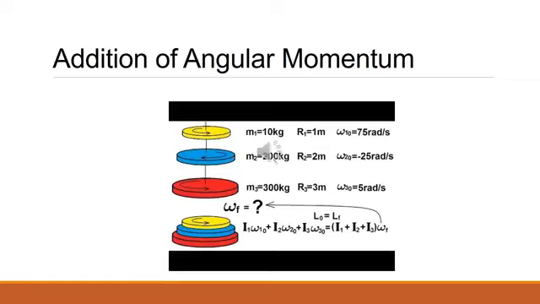Angular velocity is represented by omega 10, omega 20, and omega 30 respectively. The angular momentum of mass 1 is calculated first, and then the summation of the three angular momenta provides the total angular momentum of the three masses.